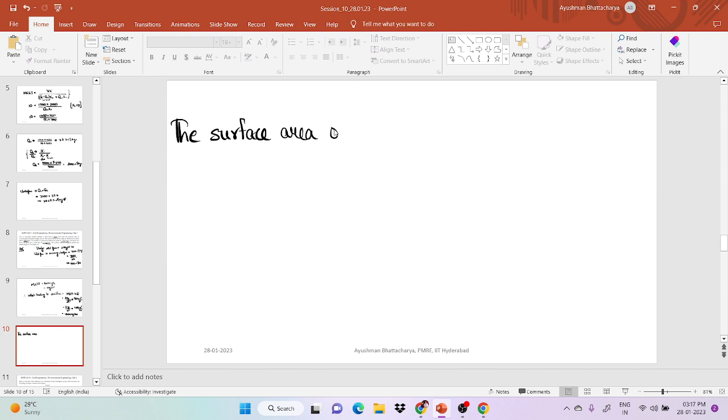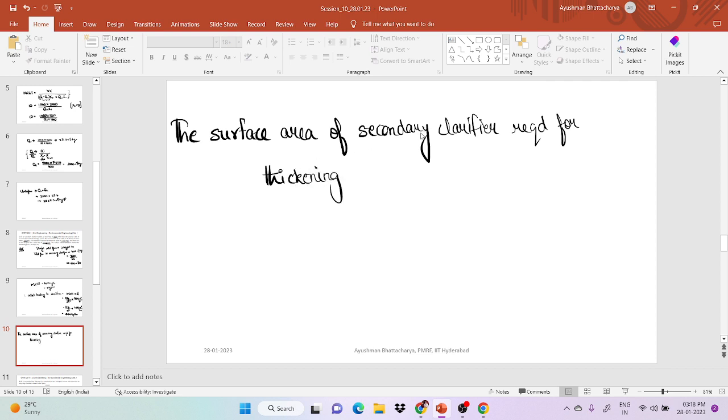Okay, now to know the surface area of the secondary clarifier required for thickening, it is equal to 1200 divided by 3.2.